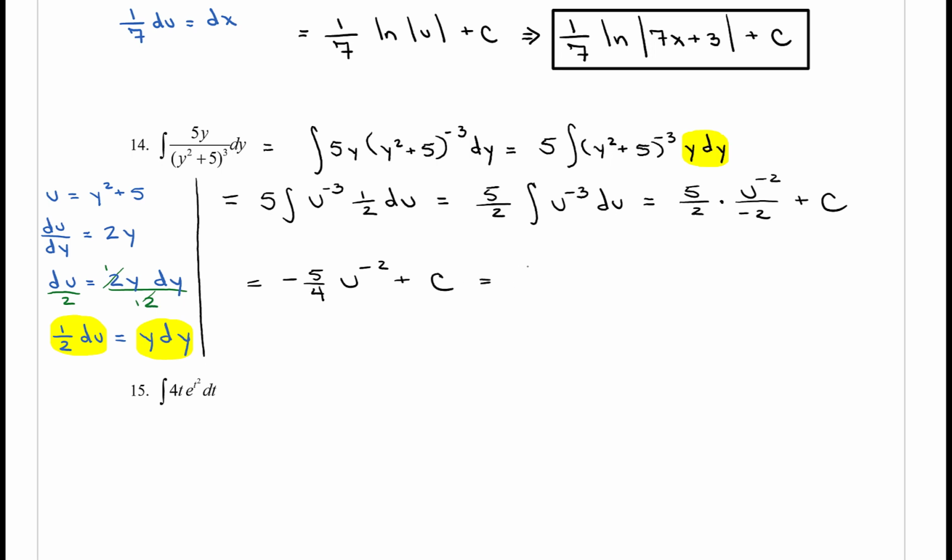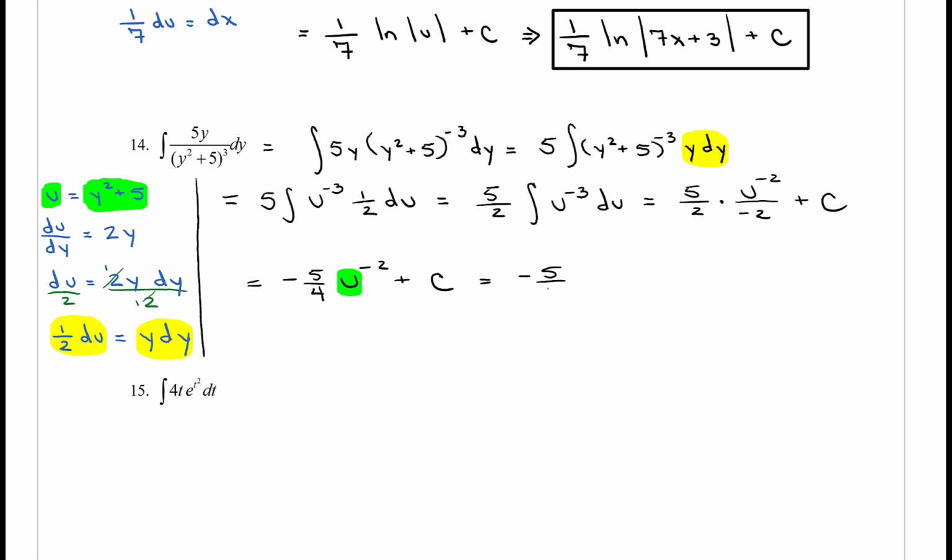And this will be equal to -5/4 times, and instead of u, I'm going to replace u with y squared plus 5. I am now highlighting the u and that y squared plus 5 in green, so you can see exactly what I'm substituting right now.